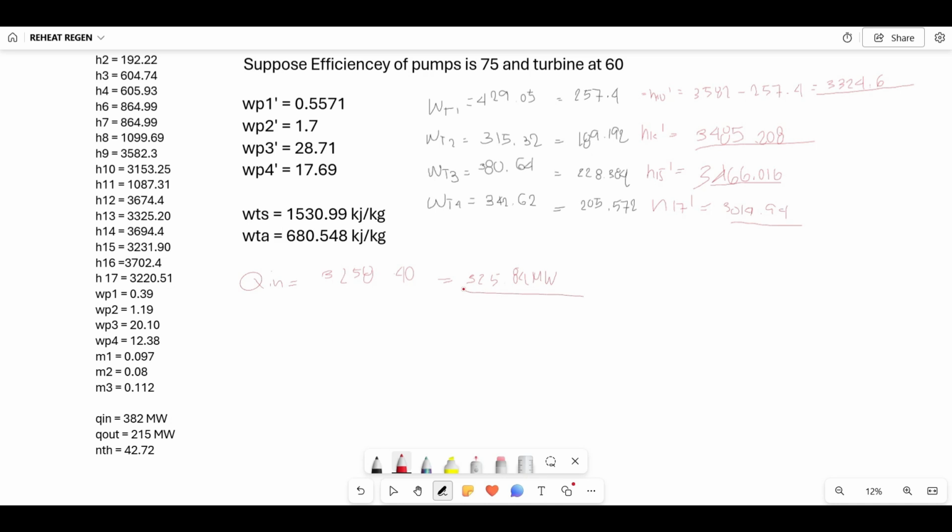Now we are in an actual answer, so we're going to tackle it using work net. So we have the total of the actual work of the pumps.